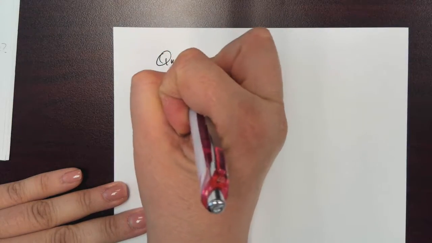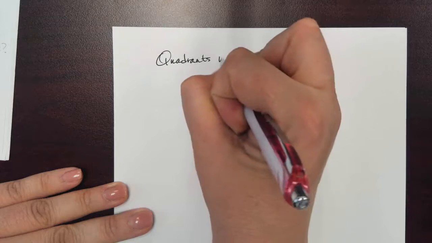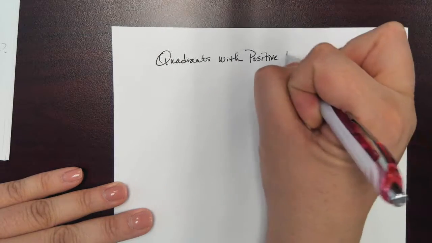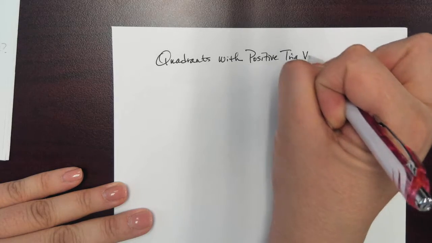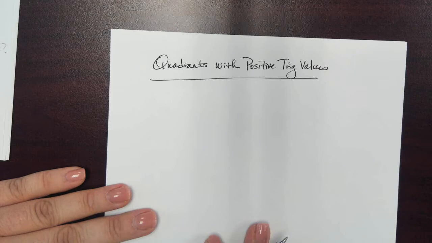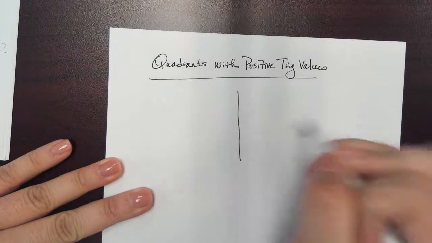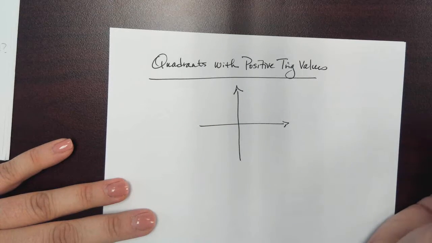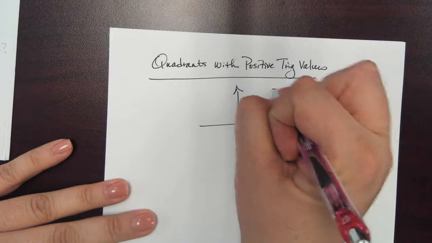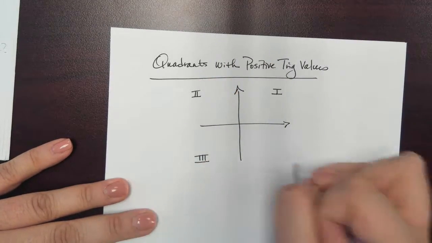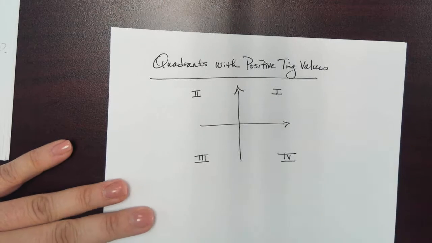Quadrants with positive trig values. Okay, so I have my quadrants, quadrant 1, 2, 3, and 4.